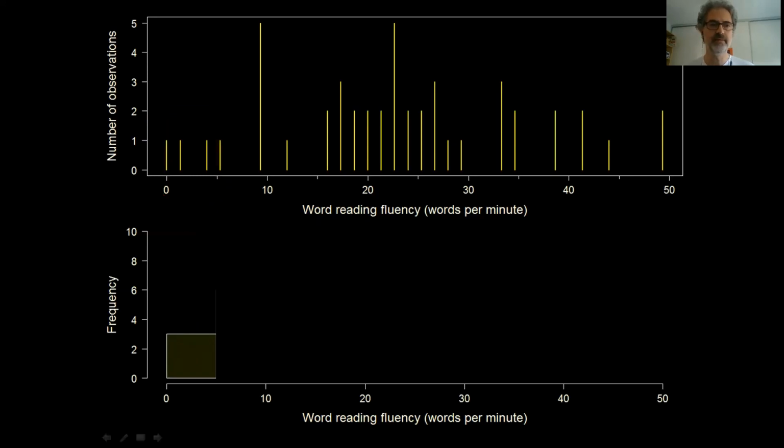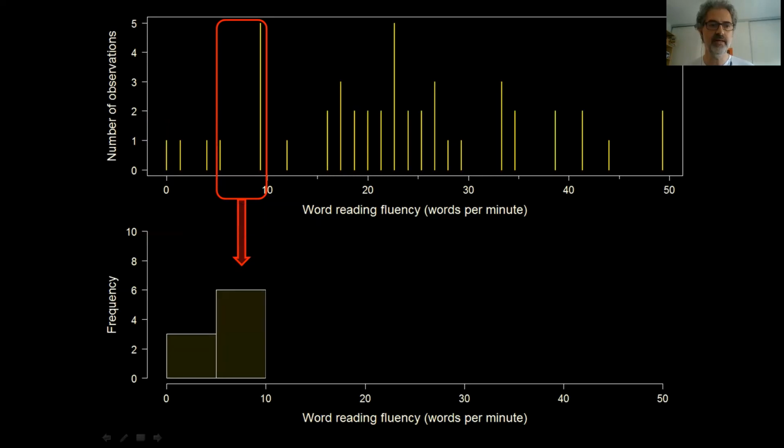The next bin would be between 5 and 10. So 1 here and 5 here, that is 6 values were observed between 5 and 10, and this is our second bucket that contains 6 measurements.